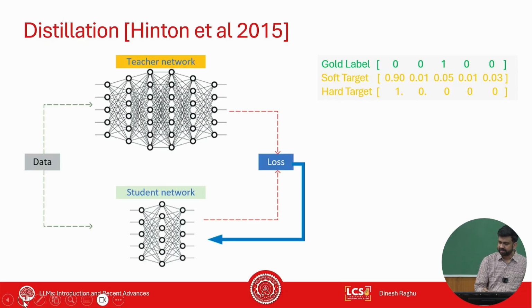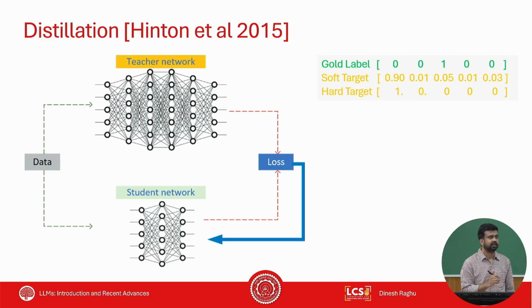Now, like I said, there are different ways in which Hinton et al. proposed distillation. One is called the hard target, where, let's say, this was the value that got the highest probability. You can forget about the likelihood, just take the argmax, set it to 1 and use it. Or the other way is to use the entire soft distribution. This is specifically found to be a lot better than simply using hard targets.